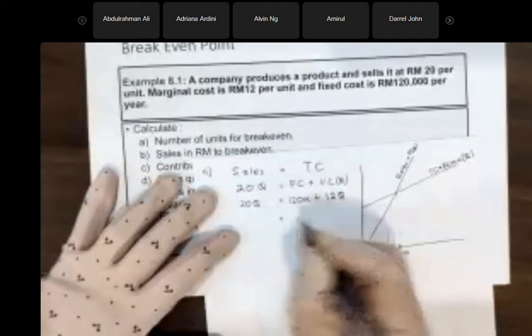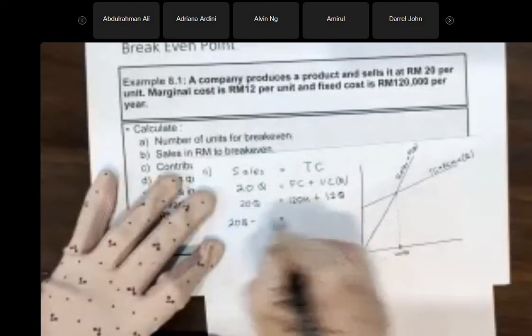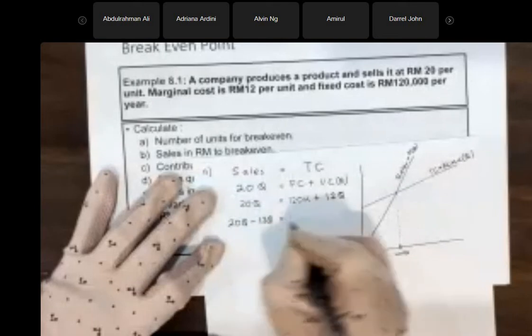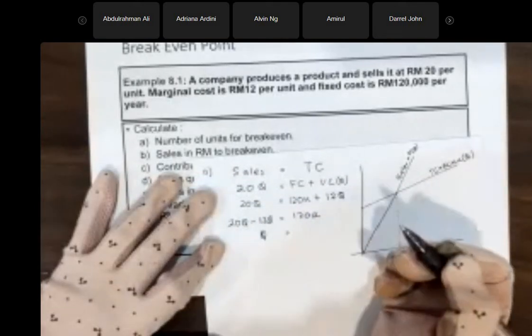So very easy to solve. 20Q just bring here, and you get the answer. What is the Q?